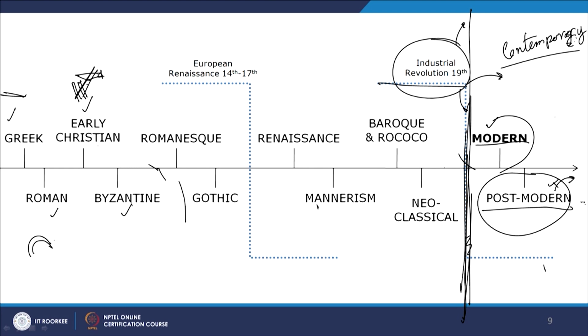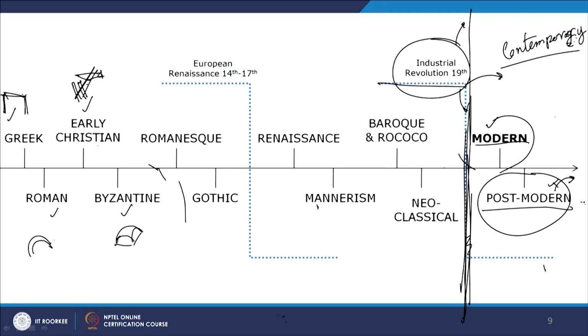Then we see the Byzantine, with the Byzantine arch, the pendentive arch, and the style in the Hagia Sophia in Constantinople. This is a structural change and a construction technique change. First we started with the trabeated form. This is Greek, where they talked about proportion, Doric, Ionic and all these columns.